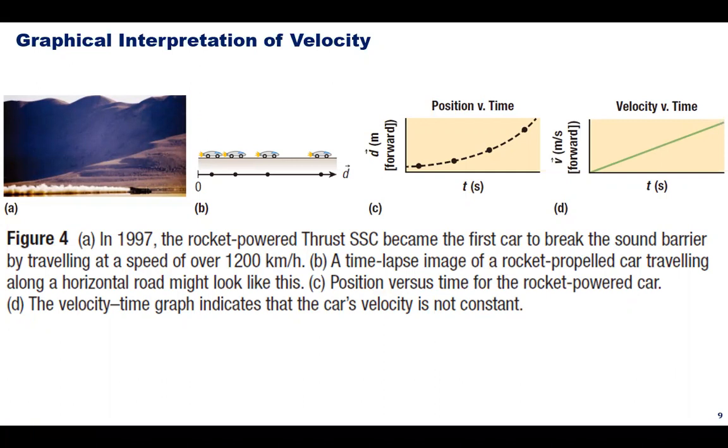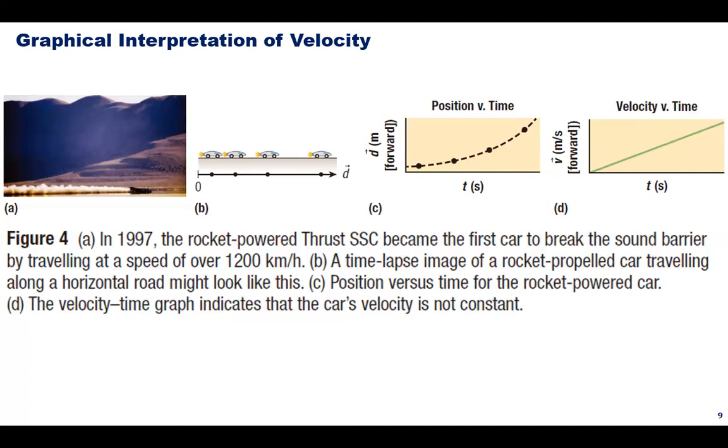Instead, their spacing increases as the car travels. So what does that mean? You can imagine that's an accelerated motion, right? So it's not traveling at a constant speed, but with a constant acceleration. Well, probably constant or not, but there is an acceleration there.